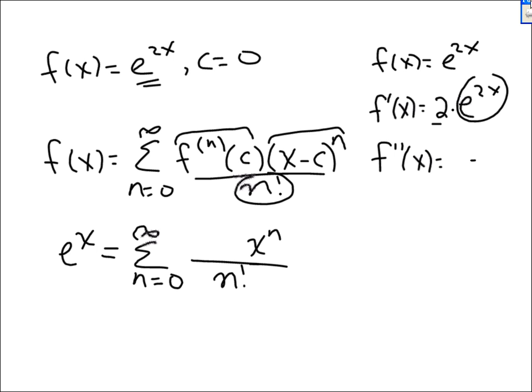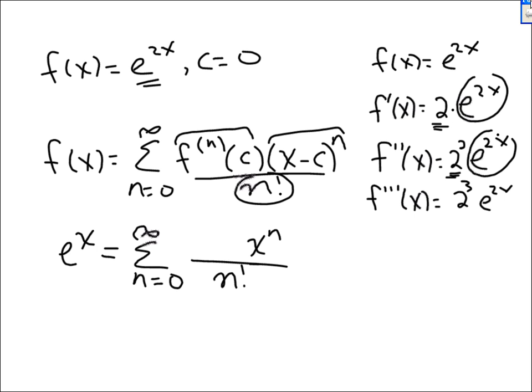But we know the derivative of e to the 2x is 2 times e to the 2x, so it'll be 2 squared times e to the 2x. The third derivative will be the derivative of this, which is 2 times e to the 2x times 2 squared. 2 times 2 squared is 2 cubed.